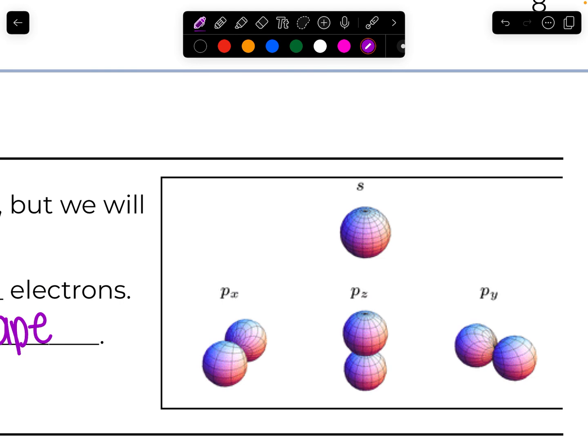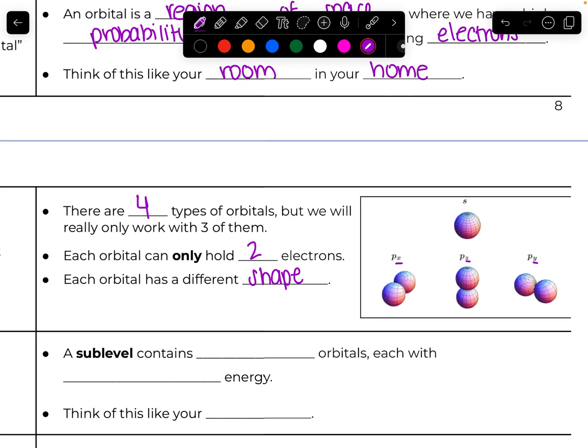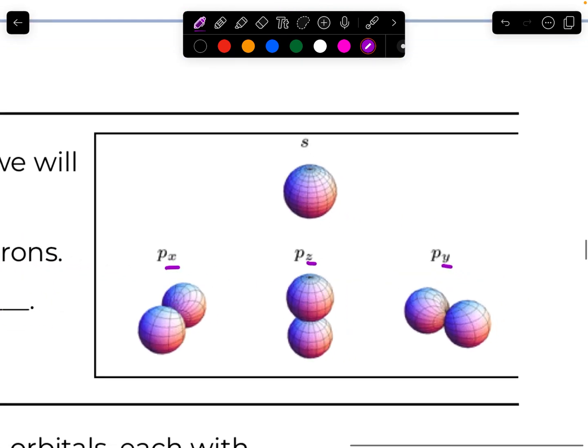The p orbitals, these are trying to show you with the x, z, and y in which direction they're oriented in 3-dimensional space. So I'm going to draw you a little picture. When you're drawing in 3-dimensional space, you've got your axes that look like this.